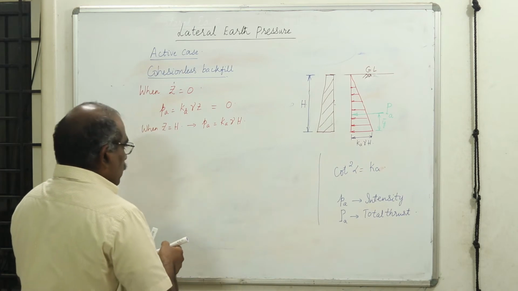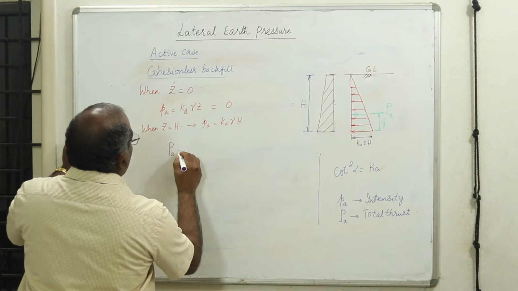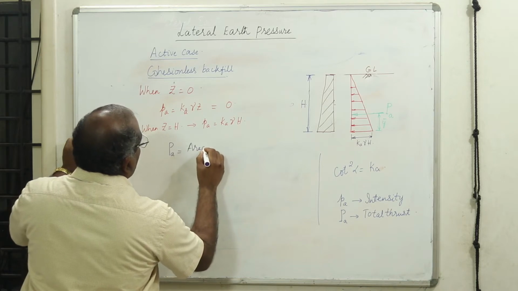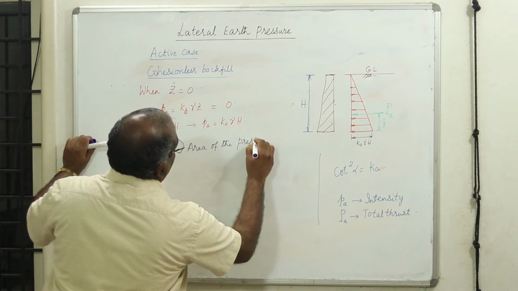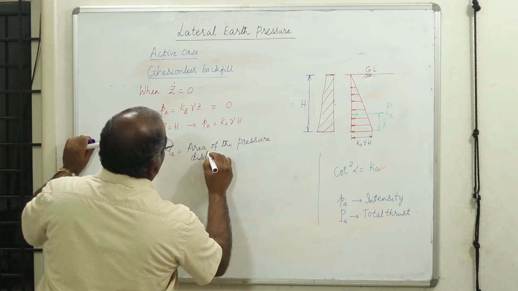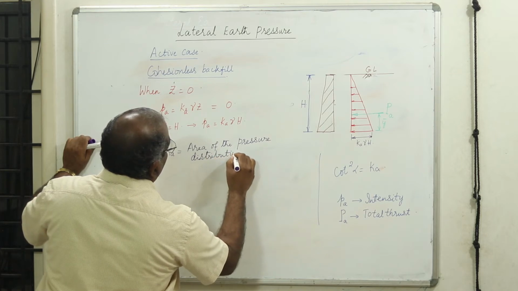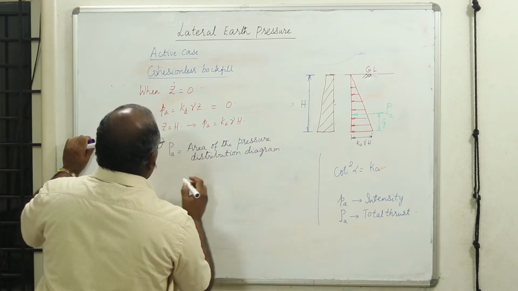Now to find out the total thrust, PA is equal to the area of the pressure distribution diagram. Now what is the area of the pressure distribution diagram? It is a triangle.